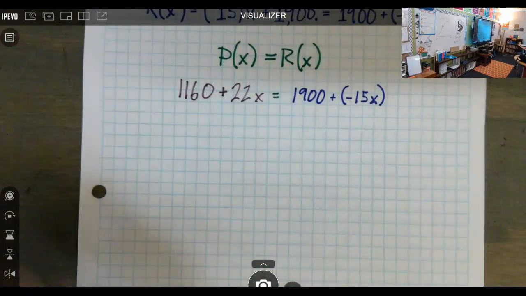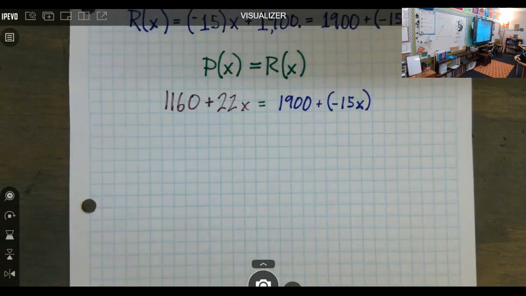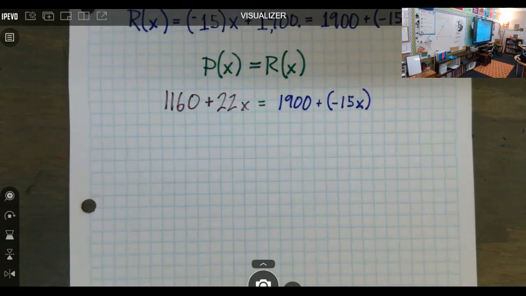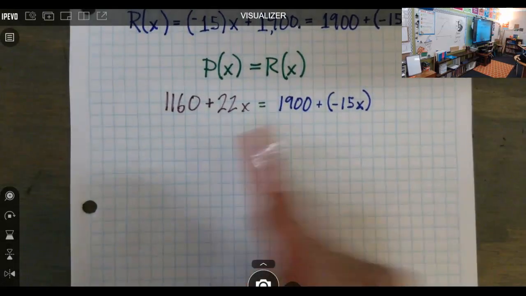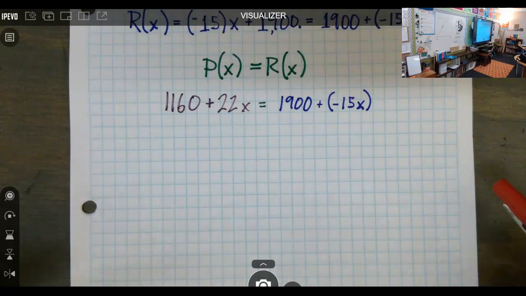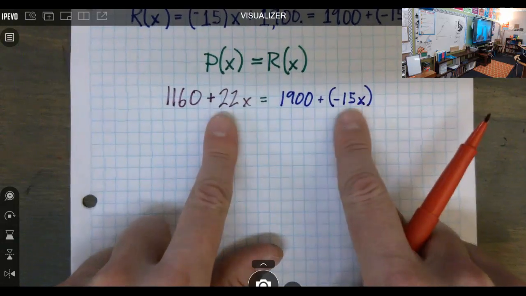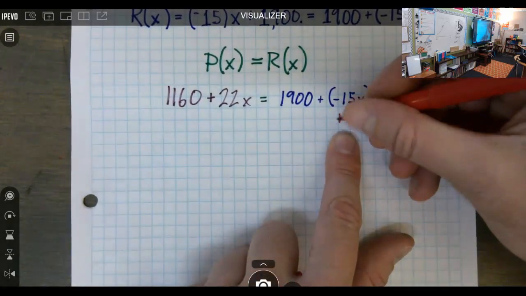All right. So, Simon, what would I do first here? Maybe try and change the X. Are you saying do something on both sides? Yeah. So what do you want me to do on both sides? Maybe plus 15x. Yes, because if we have a positive and a negative variable value, we want to get rid of the negative.